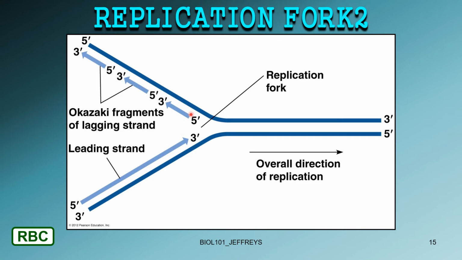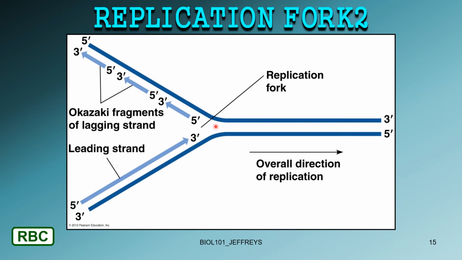But really what is happening here, DNA primase lays down an RNA primer here. Polymerase comes in, replicates 5' to 3', this segment, this Okazaki fragment right there. But while that is happening, the fork is open more.